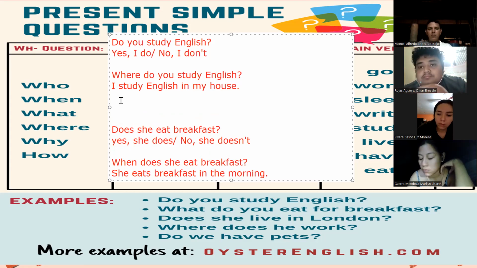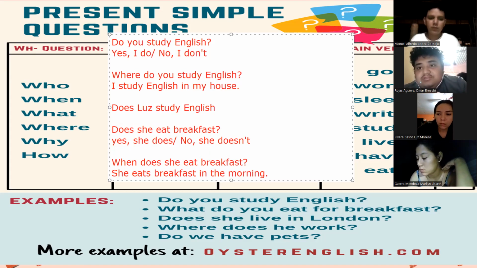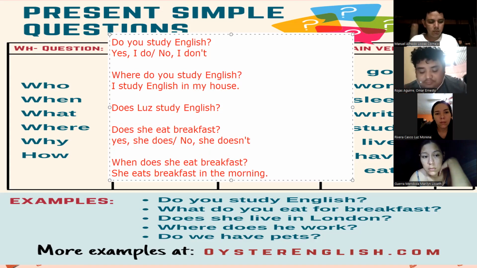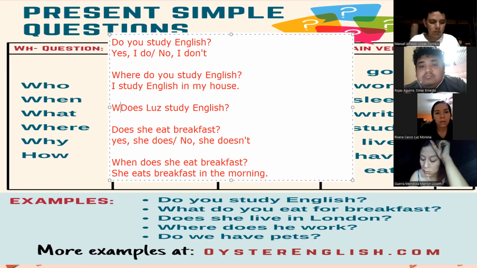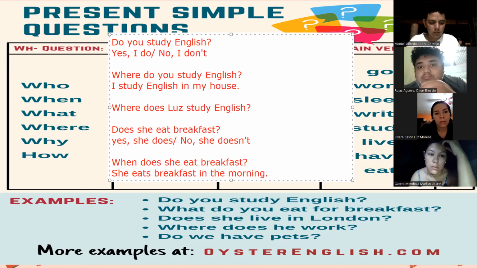Here, if I say, does Luz study English? No, WH, porque este es yes, I do, no, I don't, es fácil. Let's put a WH, let's put where. Where does Luz study English?